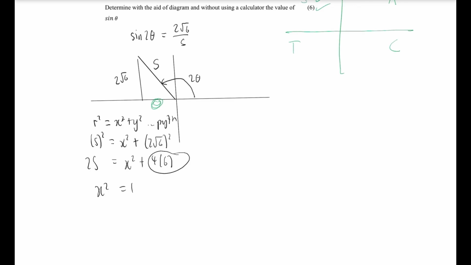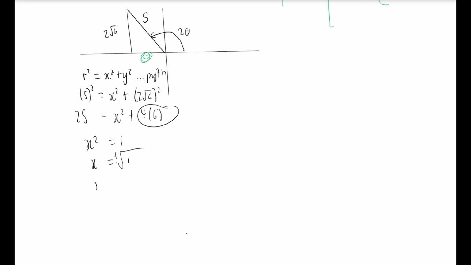That means that x squared is equal to 1, and x is going to be plus or minus 1, the square root of 1. But because x is going to be plotted here, which is where it is negative, therefore x is going to be equal to -1.